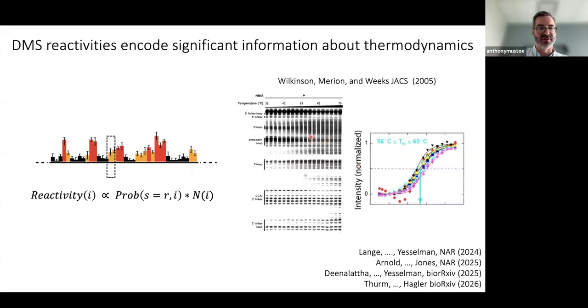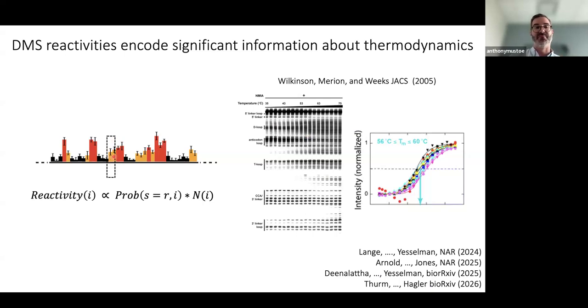But what I'll spend the last few minutes on is actually a different problem, and that's measuring the more local, smaller-scale fluctuations that RNAs undergo. Specifically, if we think about chemical reactivity, there's actually a fair amount of information encoded about thermodynamics.